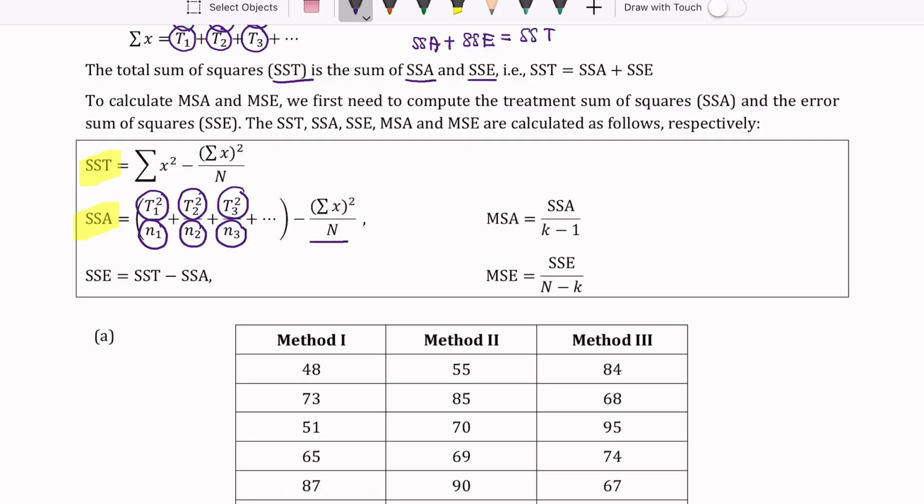And we have the last term, summation of x, and then square divided by capital N. The last term of SSA is equal to the last term of SST.